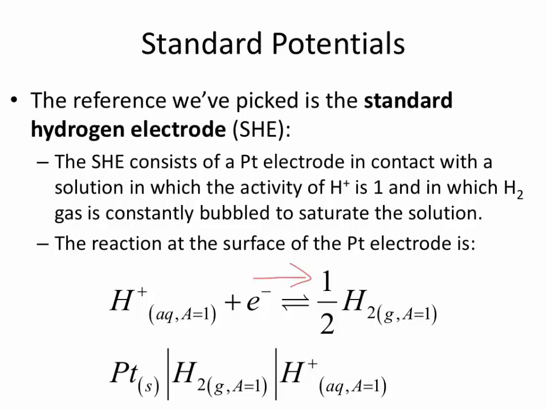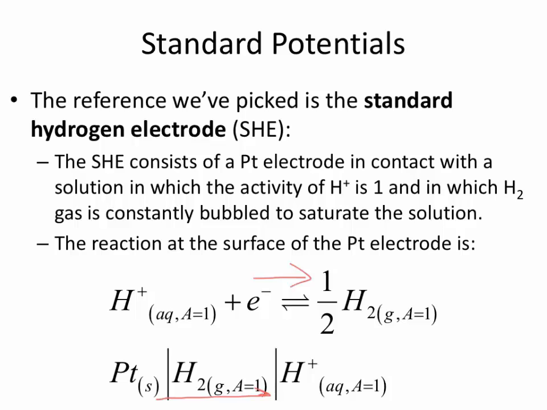Now you'll note that in the chemical equation that we've written, we're going this way. We have our hydrogen ions turning into our hydrogen gas, but in the bottom one, we have it written the other way. Remember that in our shorthand notation, we're always showing the reaction proceeding from left to right. And that means that in the bottom one, it appears to be telling us that we have hydrogen gas turning into hydrogen ions.